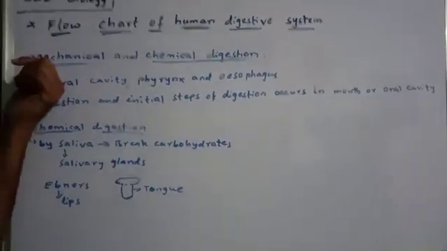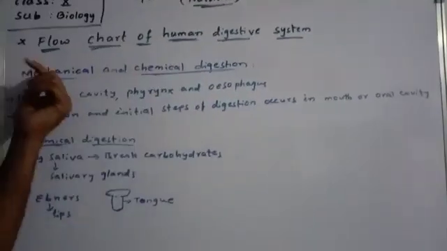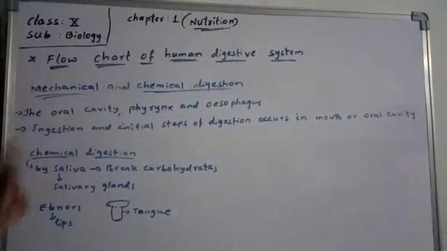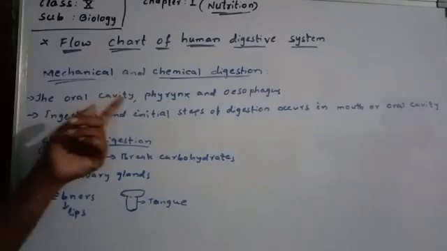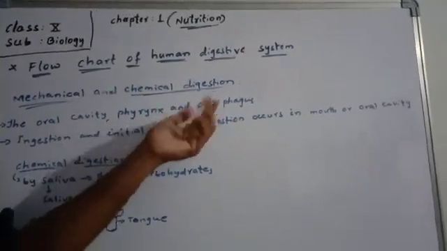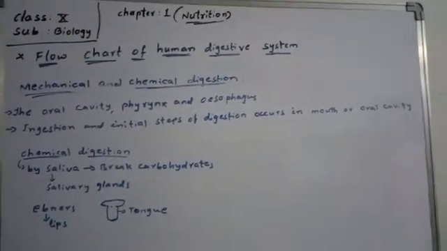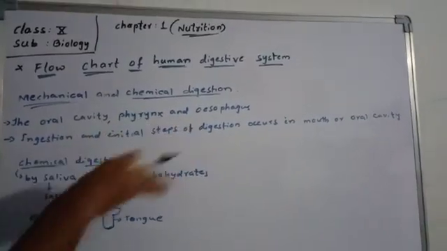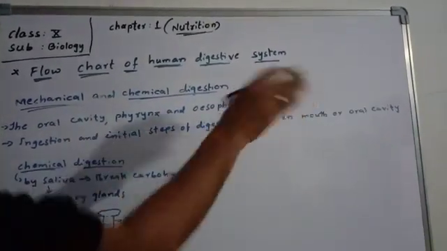Now mechanical and chemical digestion in the oral cavity, pharynx and esophagus. Ingestion and the initial steps of digestion occur in the mouth or oral cavity.